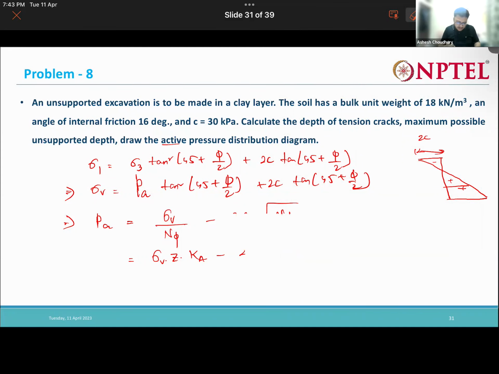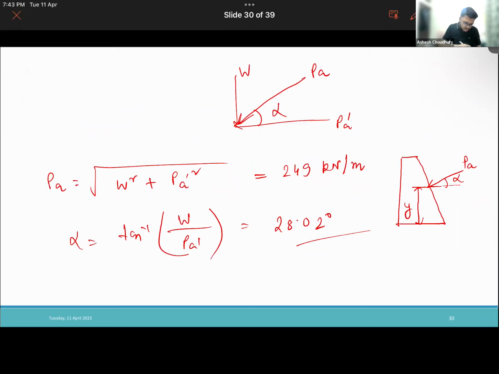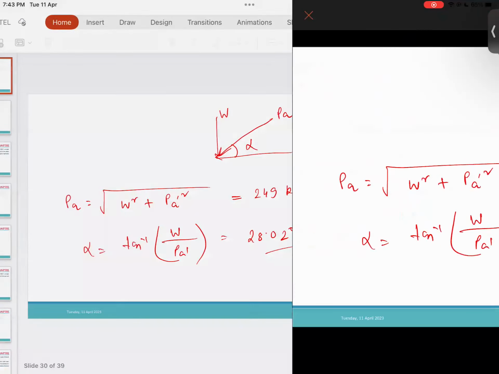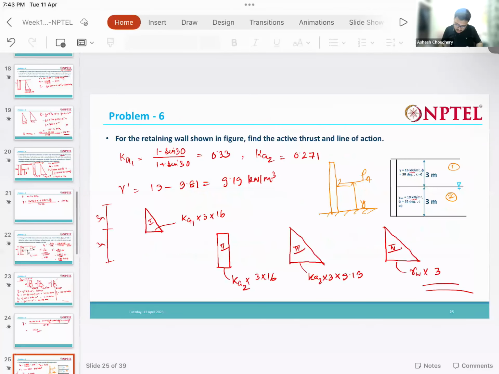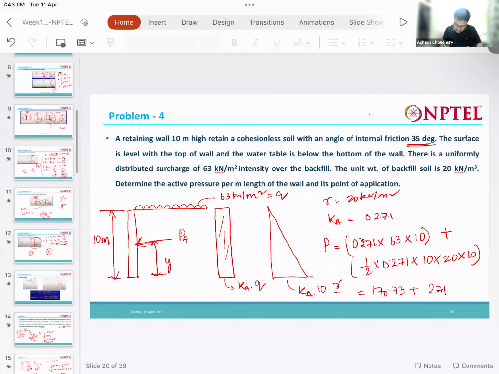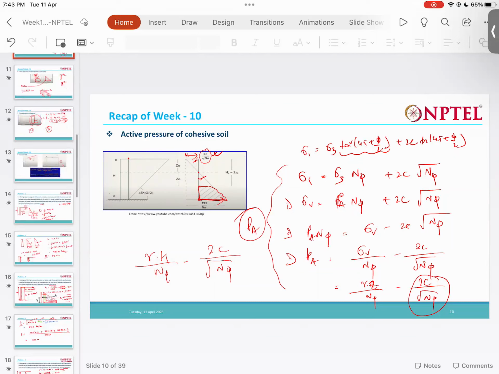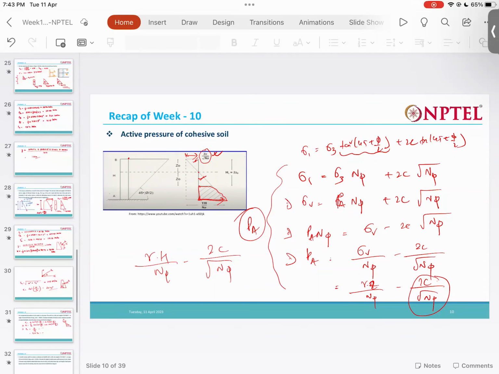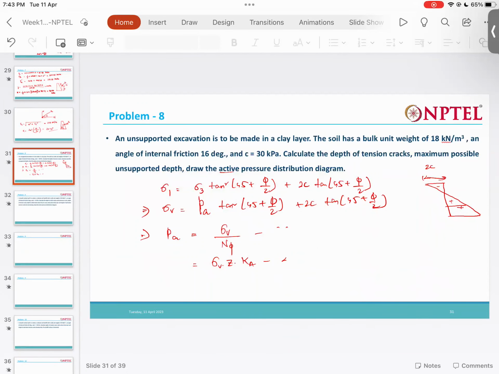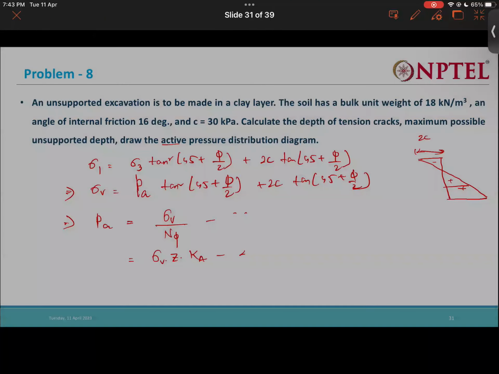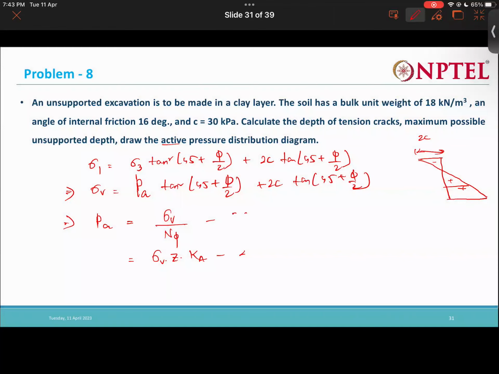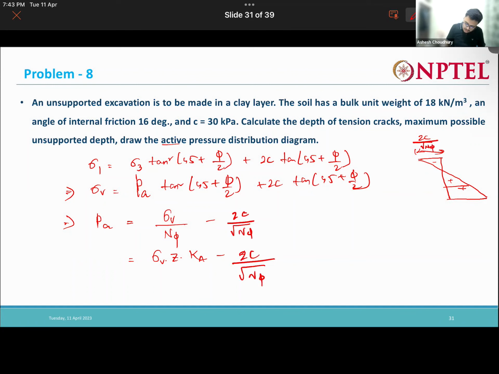We just derived it previously. So this is this negative value.